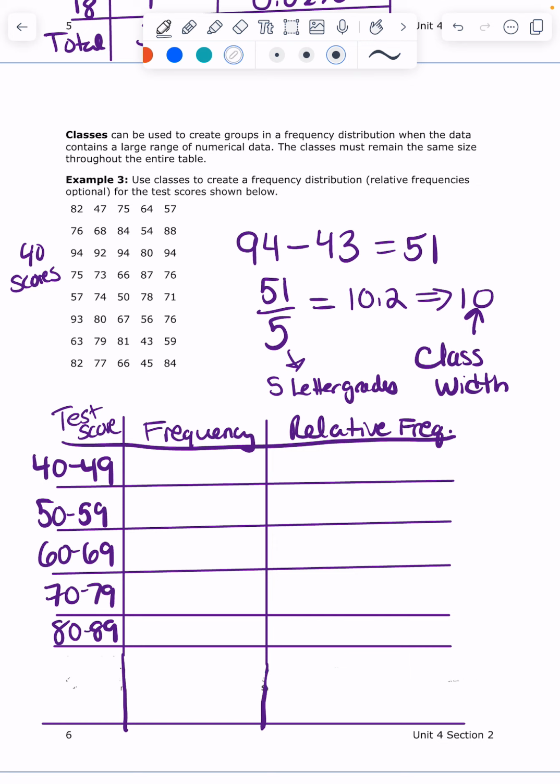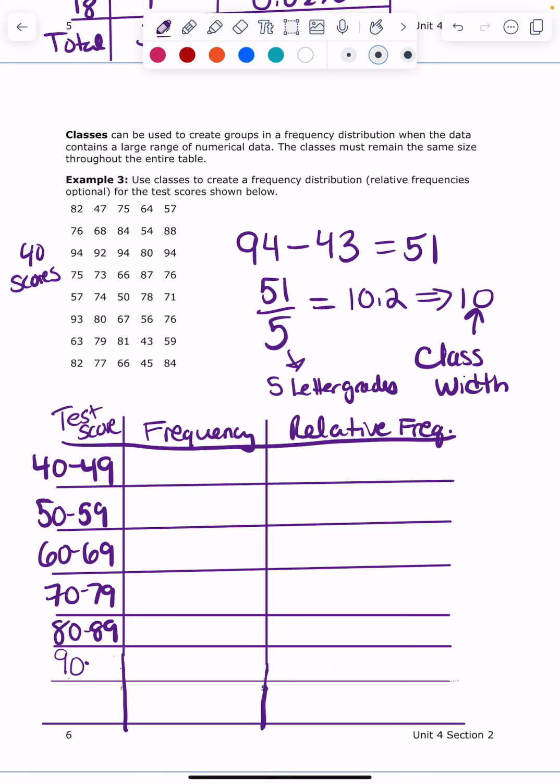You guys can't easily do that probably, so give yourself enough room. Okay, draw this. It makes it nice and straight for me, which is lovely. Oh, I don't like that size. 90 to 99 and then total. Okay, good. Now the counting.